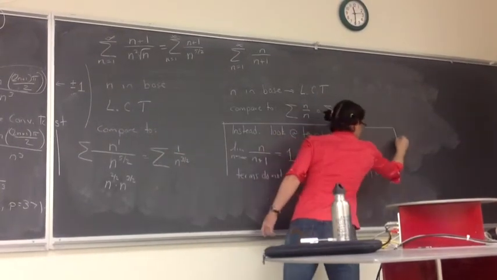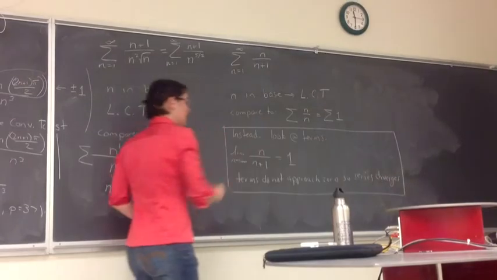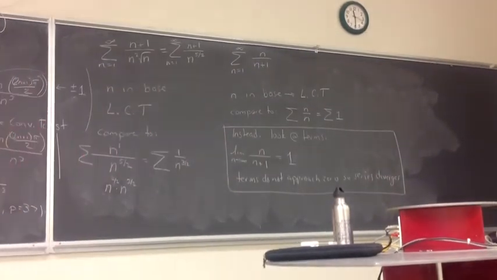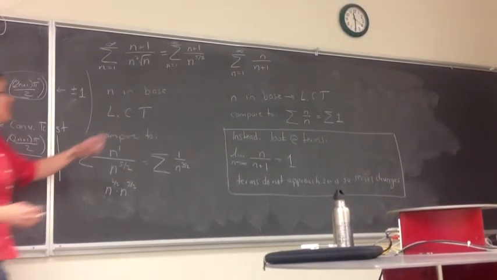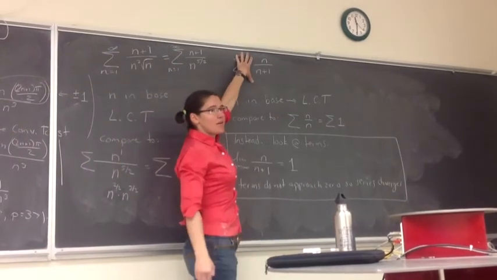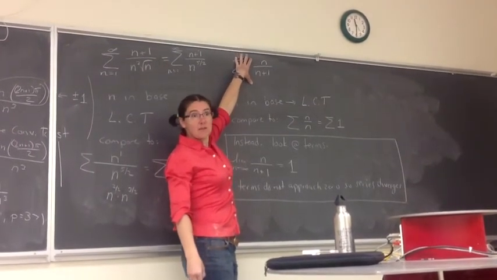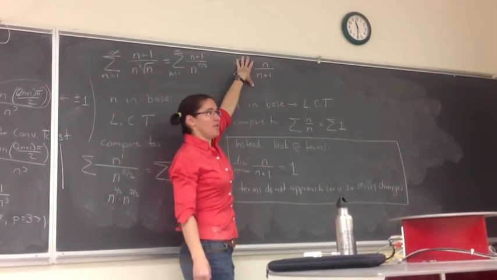So the test that's actually quicker and easier is to say, okay, let me look at my terms. My terms do not approach 0, so therefore, by the divergence test, the series must diverge.